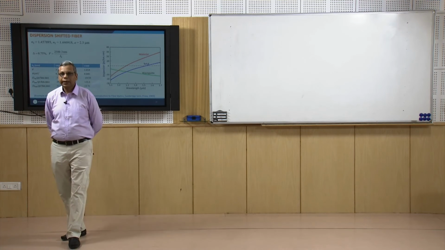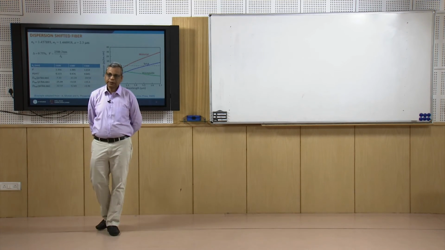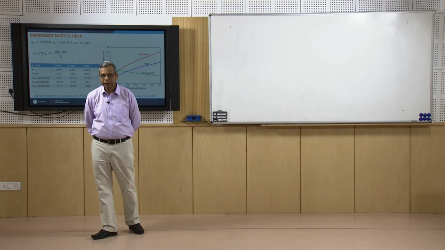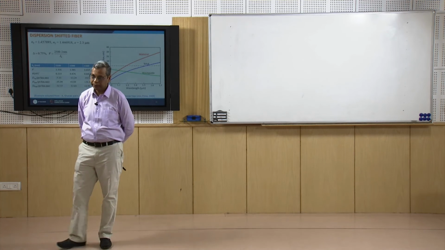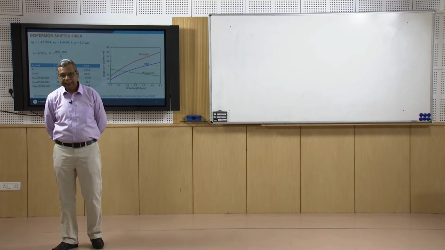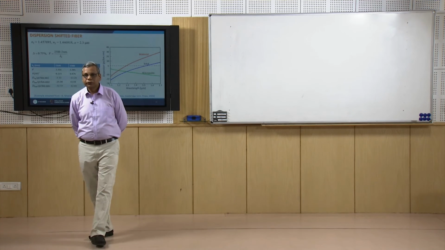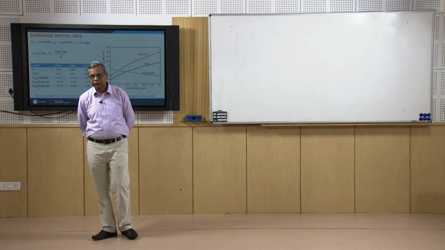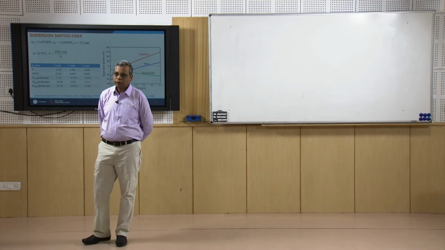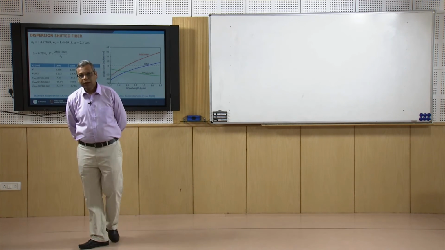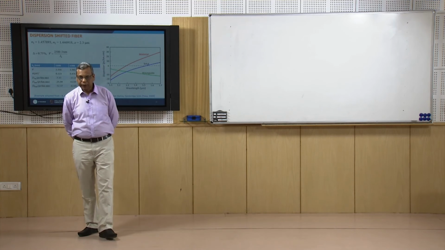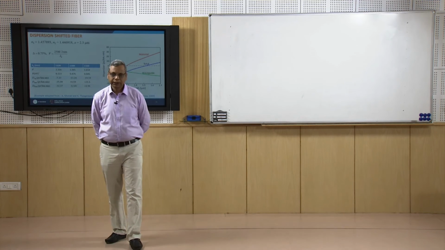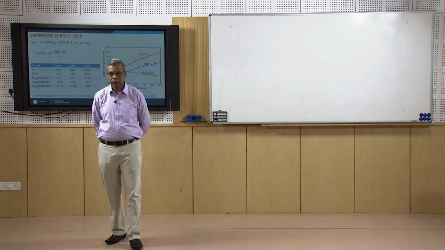If you want to take advantage of both minimum dispersion and minimum attenuation, then you will have to shift the zero dispersion wavelength to 1550 nanometer. How can we do this? We know that the total dispersion in a fiber is given by the waveguide dispersion and material dispersion; it is the combination of these two.